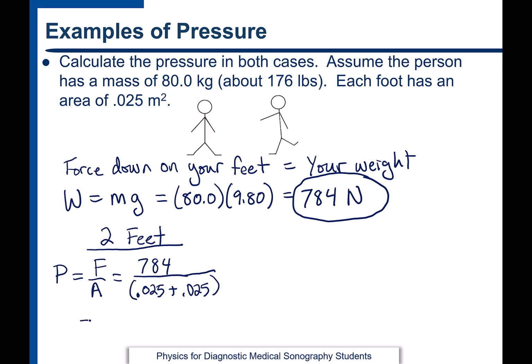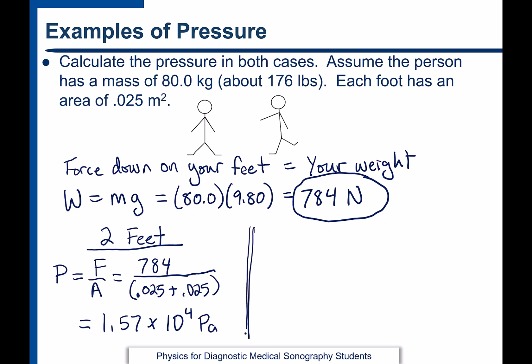If you calculate that and change it to scientific notation, you should find that the pressure is 1.57 times 10 to the fourth, and that would be pascals because we're dividing newtons by meters squared.